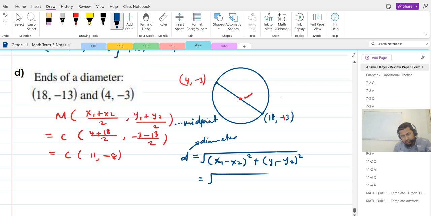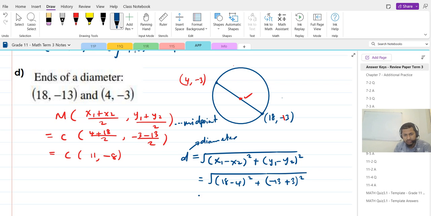So using the distance formula, we have 18 minus 4 squared plus negative 13 plus 3 squared, since negative 13 minus 3 is plus 3.